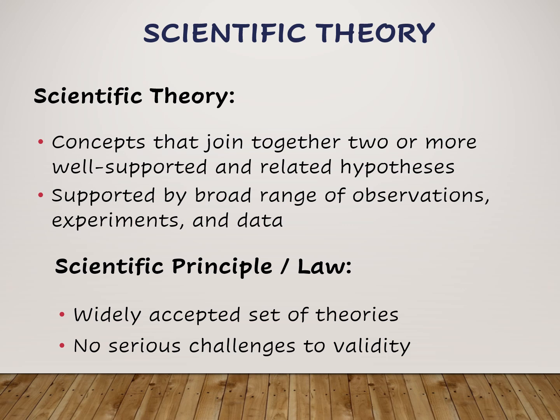The term law instead of principle is also preferred by some scientists. For instance, in the following chapter, concerning the energy relationship, we will examine the law of thermodynamics. That is a law, it's not a theory. We'll go into detail on that in the next chapter.